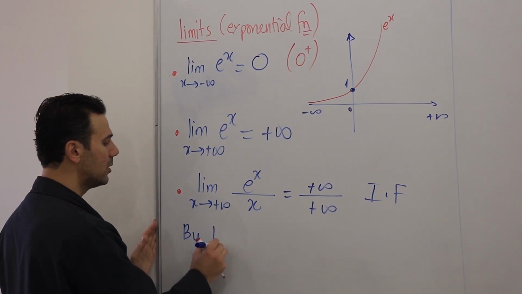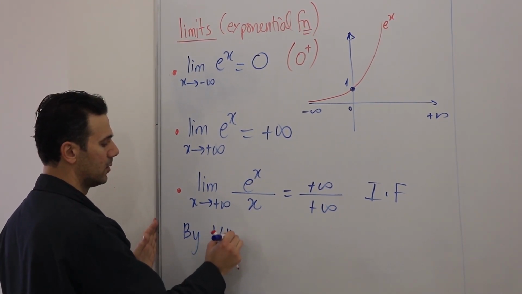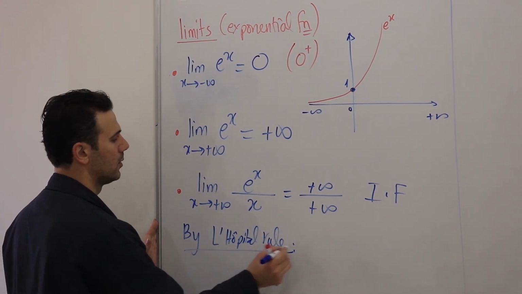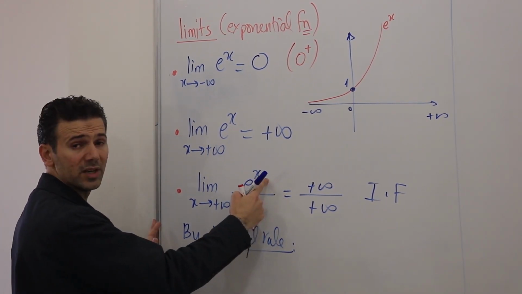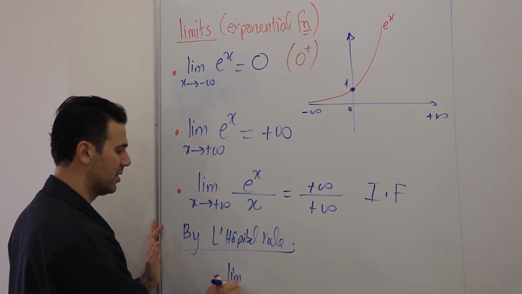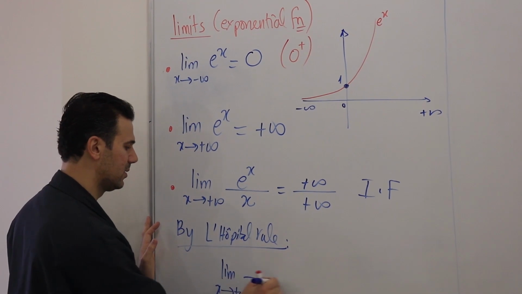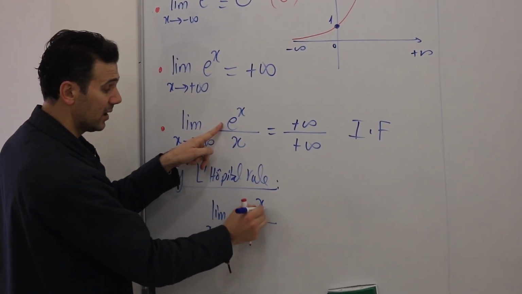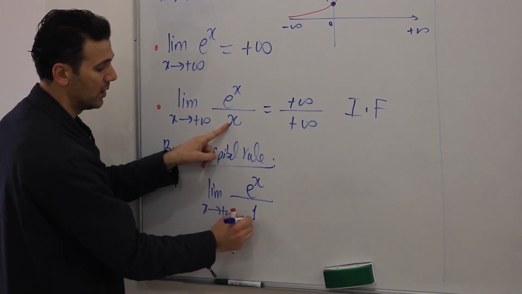By L'Hopital's rule, we can take the derivative of the numerator and the derivative of the denominator, and we again calculate the limit as x tends to plus infinity. As we know, the derivative of e^x is itself, and the derivative of x is 1.